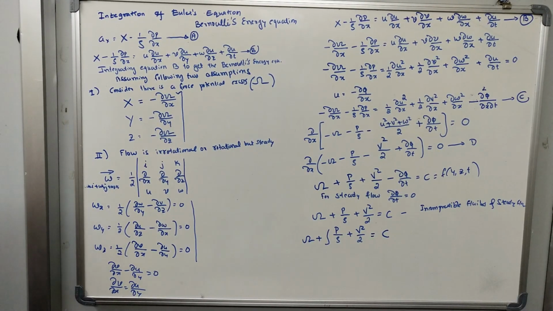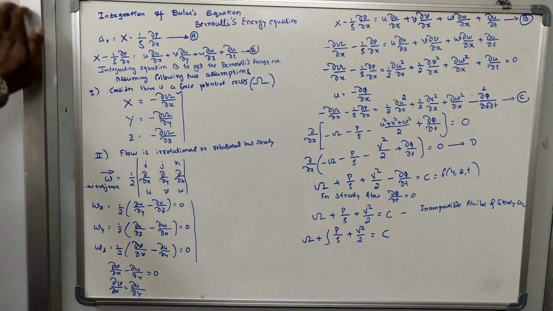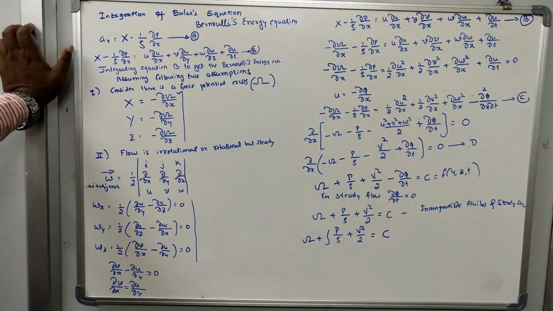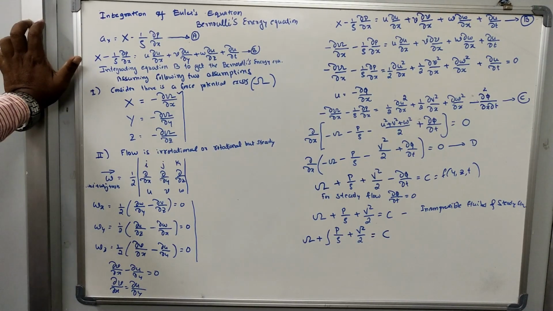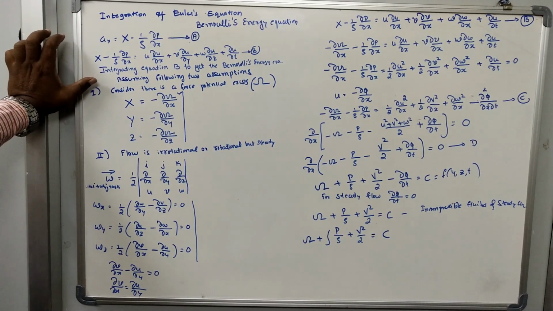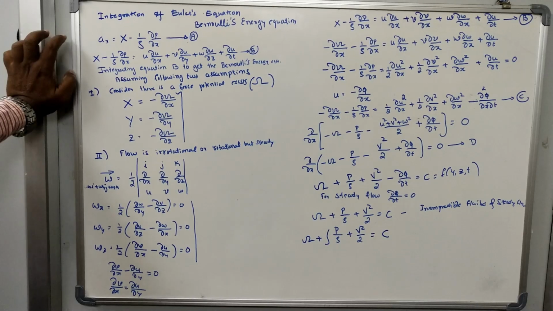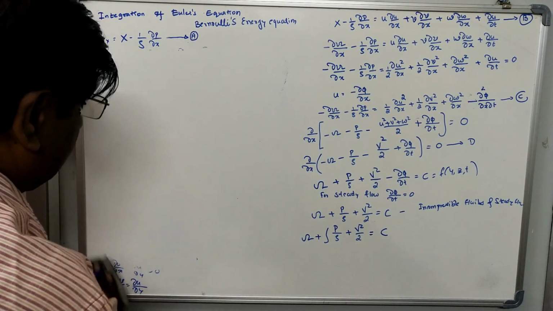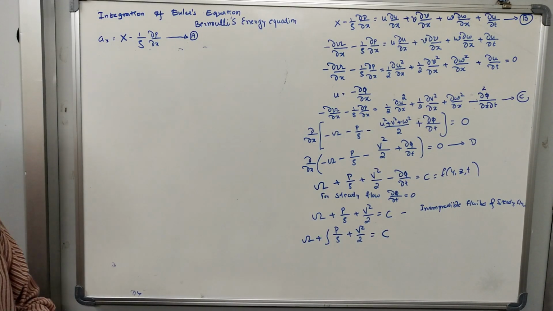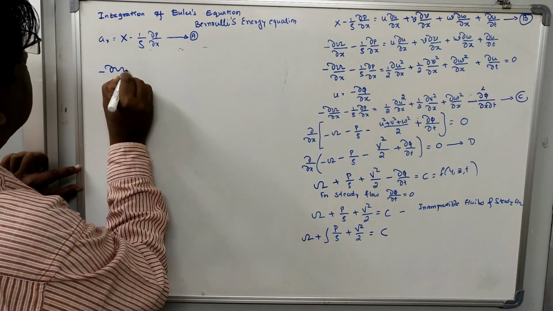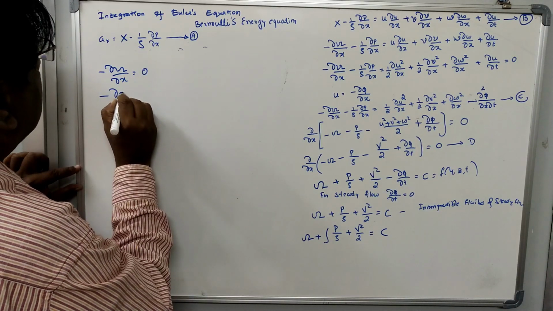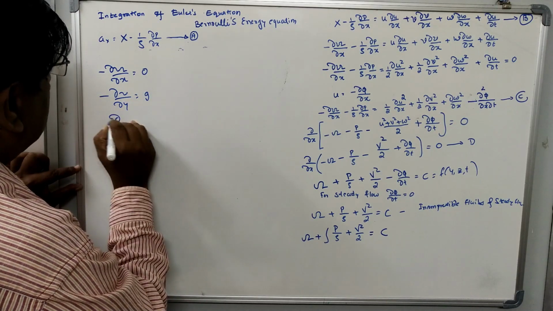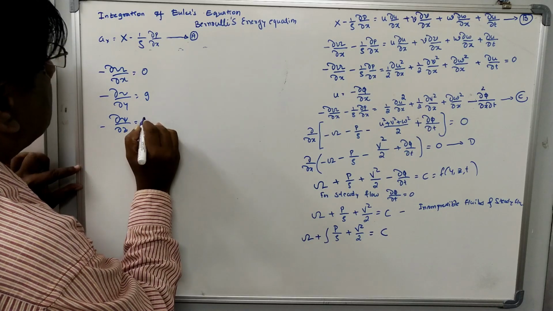We also know that if the body force exerted on the flowing fluid is only due to gravity, that is, assuming the force potential exists only in the vertical direction, that is ∂ψ/∂x equal to 0, minus ∂ψ/∂y is equal to g, and ∂ψ/∂z equal to 0.